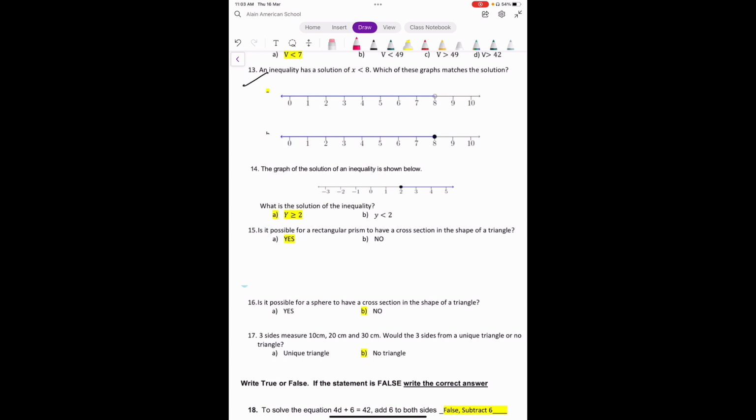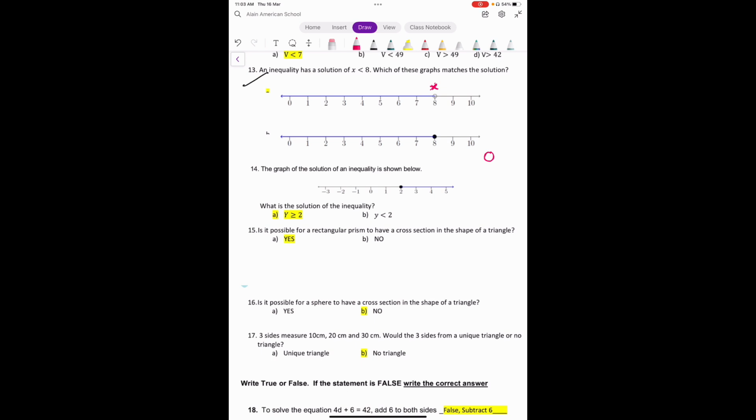Whenever you have an open circle, you're not counting that value. So for example, if it is an open circle here, you're not counting 8. You can count anything less than 8.